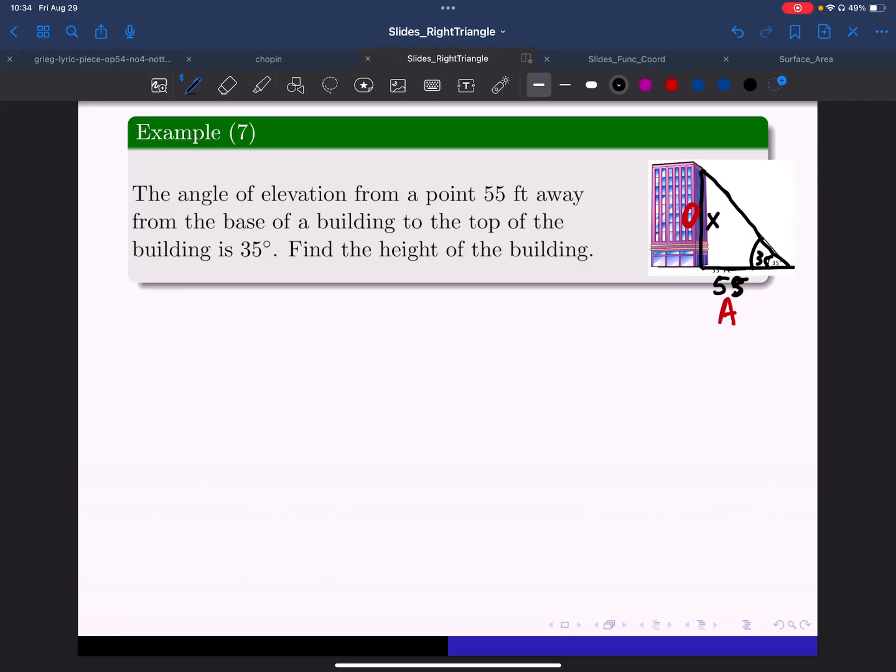So looking for a trigonometric ratio that associates opposite and adjacent, if we use my SOHCAHTOA, what trigonometric ratio uses opposite and adjacent?